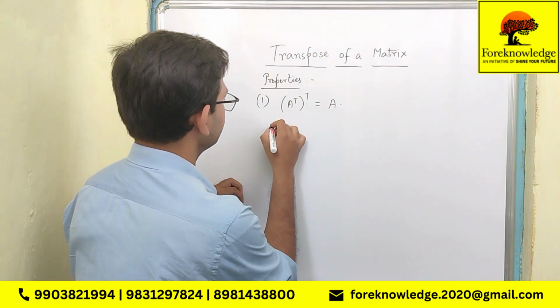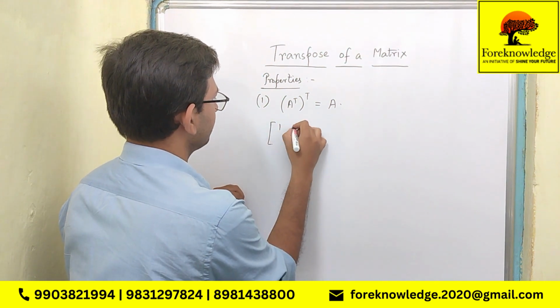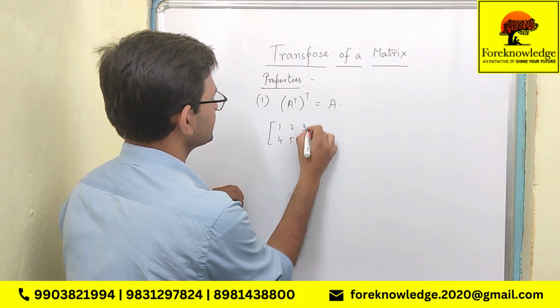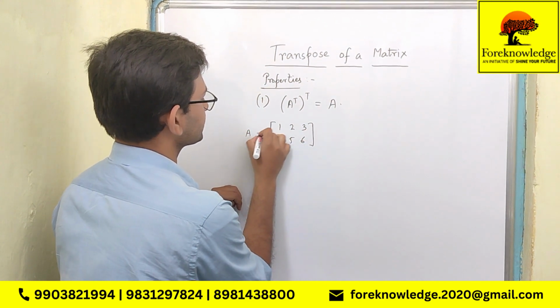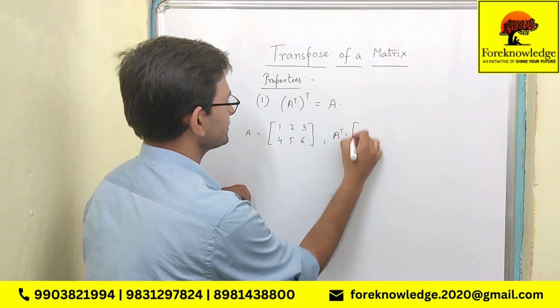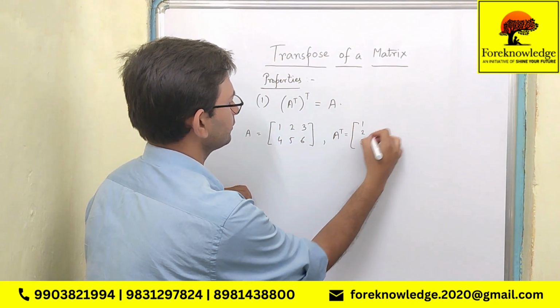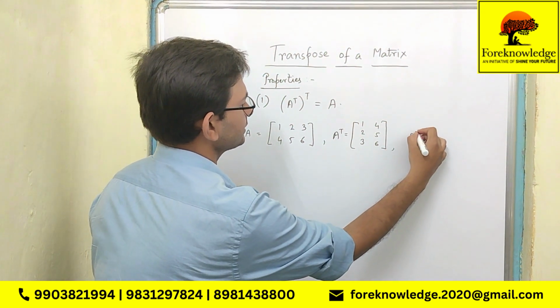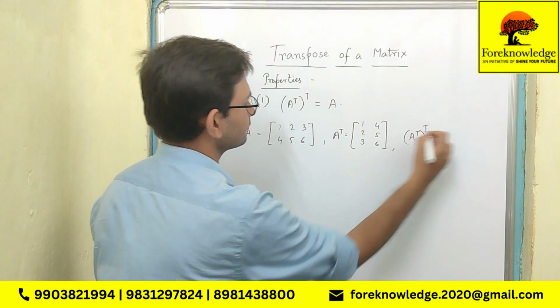Let's take an example. Suppose 1, 2, 3, 4, 5, 6 is the original matrix A. A transpose is 1, 3, 5; 2, 4, 6.